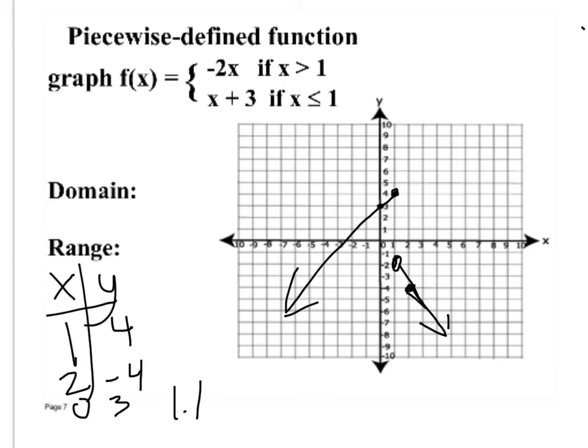Negative 2.2. So it's going to be pretty close to negative 2 as my y. So that's why it's an open circle around 1, because it doesn't include it. I could get closer to 1, I just can't be 1. So this is what it looks like. This is a piecewise function. All right? Any questions?